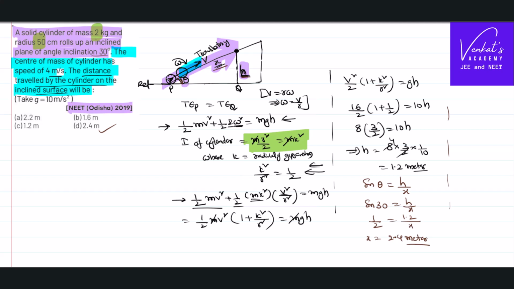So k square by r square is 1 by 2, right from the basic concept of moment of inertia itself. So I don't need the value of the mass as well as the radius. That's just redundant extra data given to confuse you. You can directly get this answer of 2.4 meter. That's how we solve the problem. Thank you for watching.